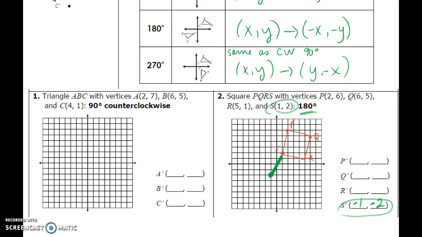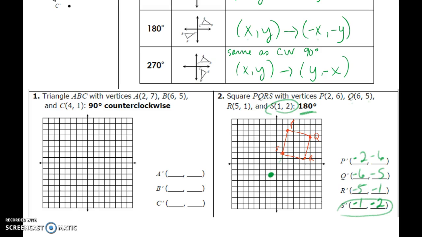So now we could draw every single one of these with a straight line to the origin if you want, or we could just use our rule. So R should be -5, -1. Q should be -6, -5, and P should be -2, -6. So notice I'm just using the rule from above.